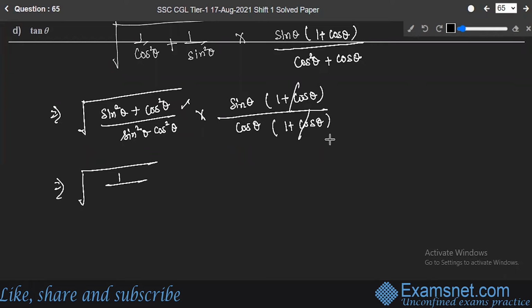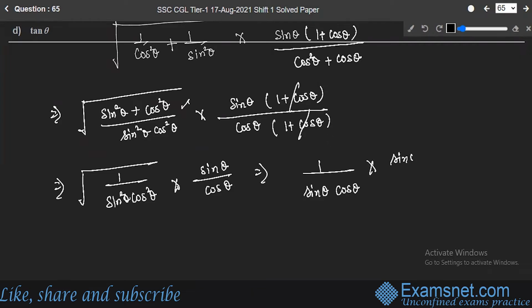So 1 upon sine square theta cos square theta multiplied by sine theta upon cos theta. Correct. When I take the square root, this will become 1 upon sine theta into cos theta into sine theta upon cos theta.